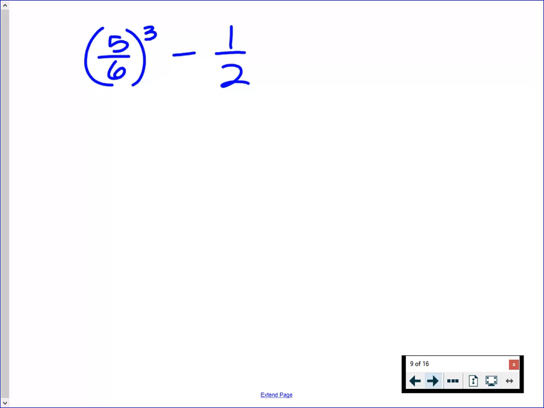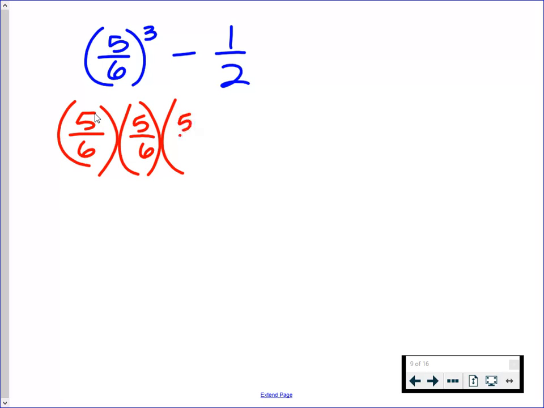What's first, exponents or subtracting? Exponents, you say. Stretch it out. We've done 5 times 5 times 5 a lot already.